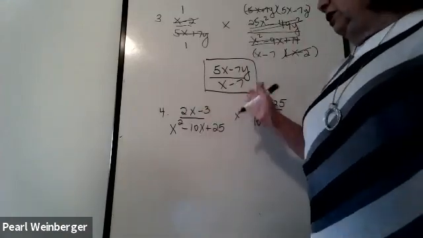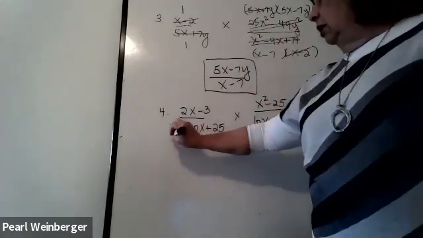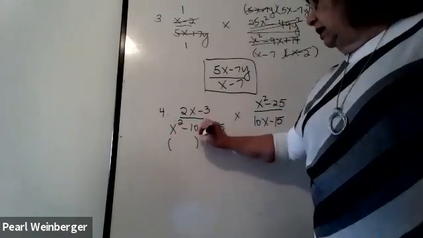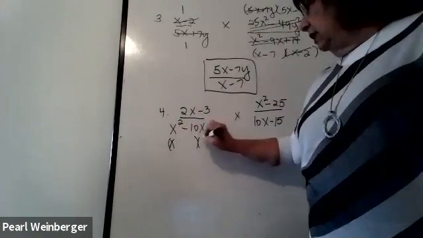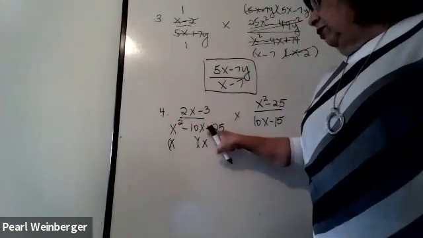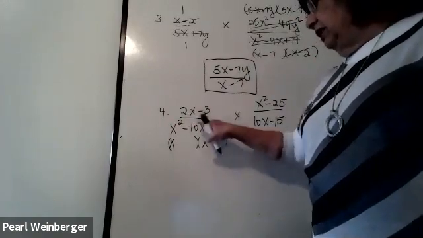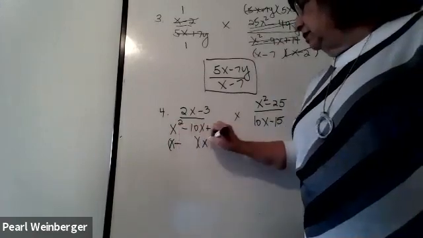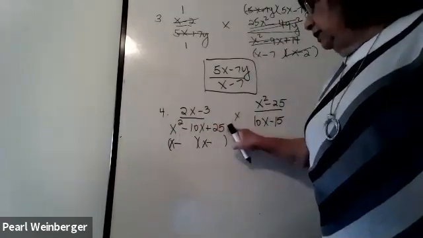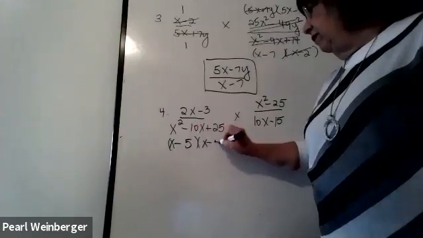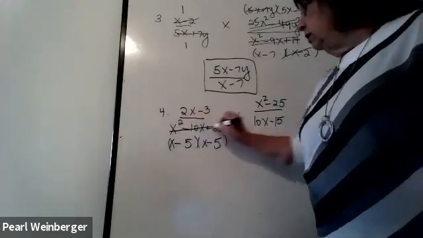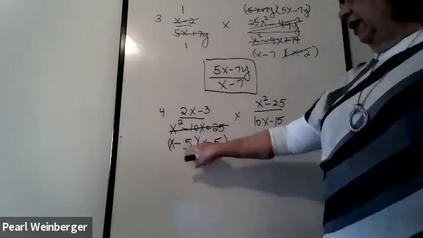Now 2x minus 3, there's nothing to factor here. But this x squared minus 10x plus 25, we can break that up. It's x and x. Okay, we know our signs. This is plus, they're both the same. This is minus, they're both minus. What multiplies to 25 and adds to 10 is obviously 5 and 5. So that takes care of that.